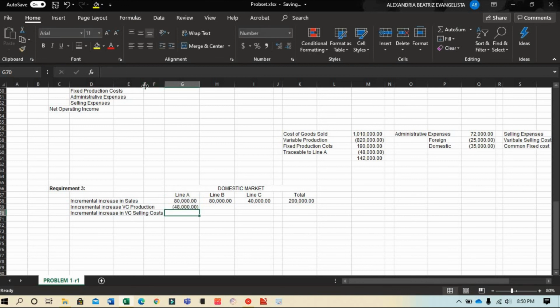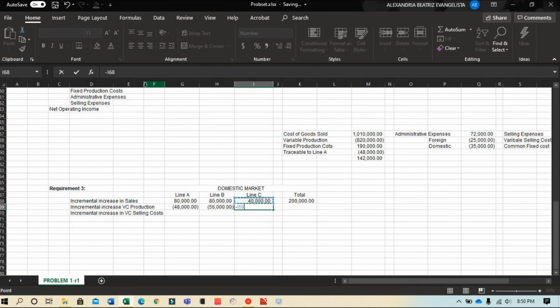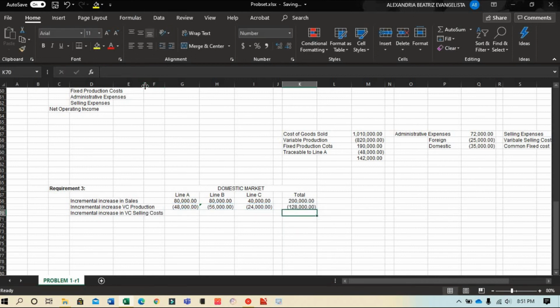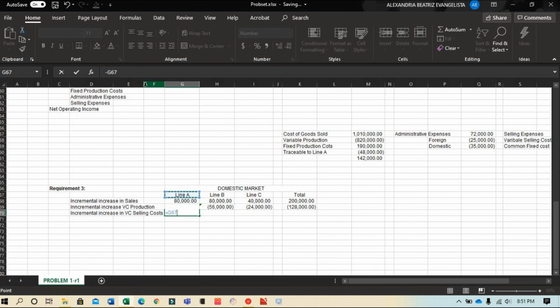So let's just multiply the sales by 60%. And for product B or line B, it is 70% of the sales. And then for line C, it is as well 60%. Give us a total of $128,000 increase in the variable production costs. Now for the selling costs. So again, it is 3% of the sales. And for line B, it is 1.5%.